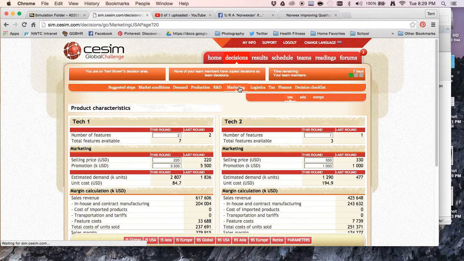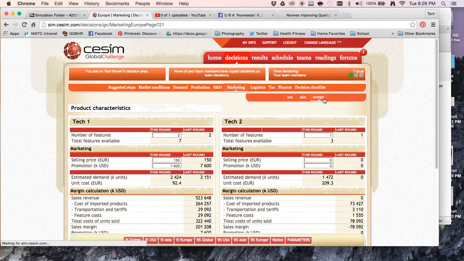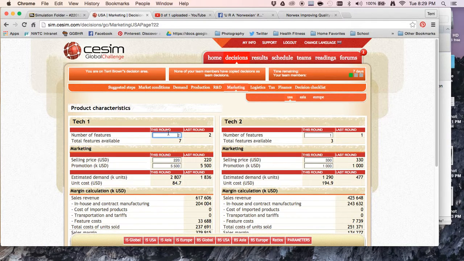So back in marketing, I will check my Europe, and now I do have a unit cost because I fixed my logistics. So going into the US, I'll see that now I have 7 features available. That's a lot for Technology 1. And I have 3 available for Technology 2. So I'm just going to update those because I want to be able to sell all the features that I have available.